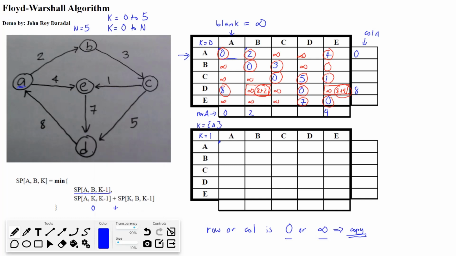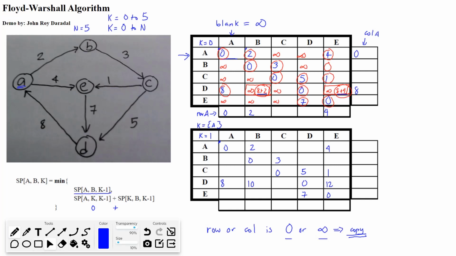Okay, so that would be 0, 2, 4, 0, 3, 0, 5, 1, 8, and then we have the new value here, 10, right? 0, and then the new value 12, and then 7 and 0, right? So now we have our new values for k is equal to 1.